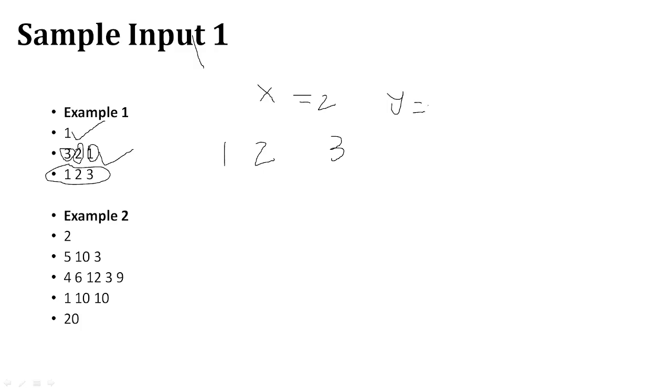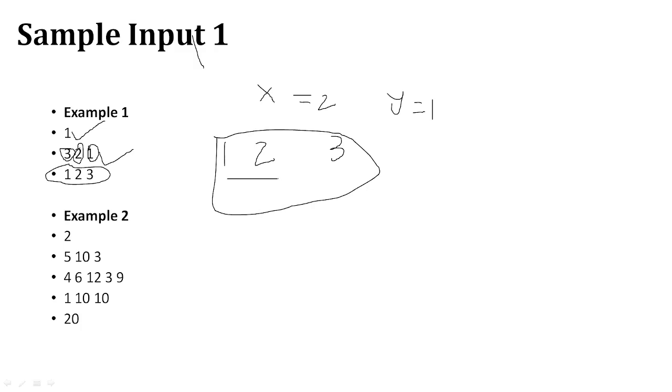Now I find those elements which are less than or equal to 2 and divisible by 1. In the array, how many elements are less than or equal to 2? Only two elements, 1 and 2.